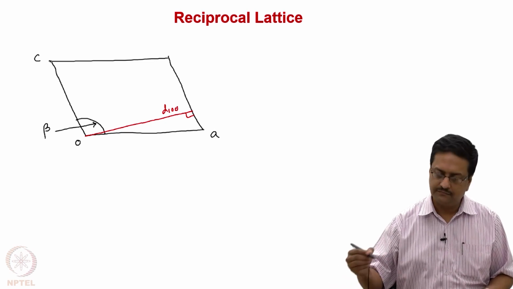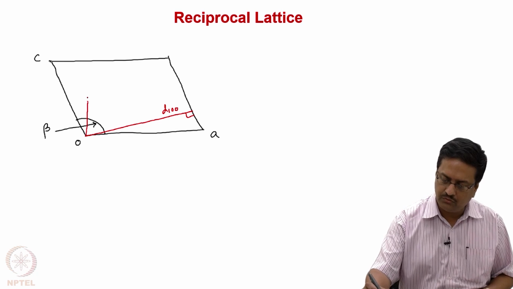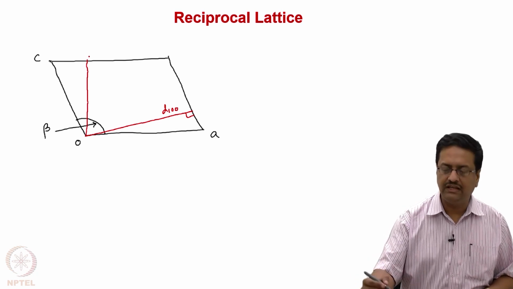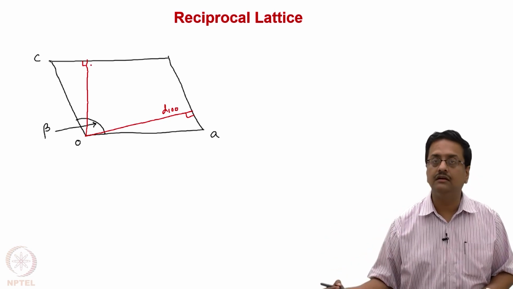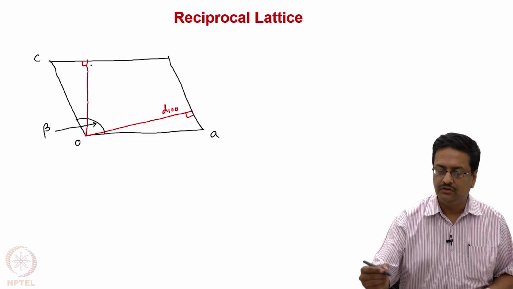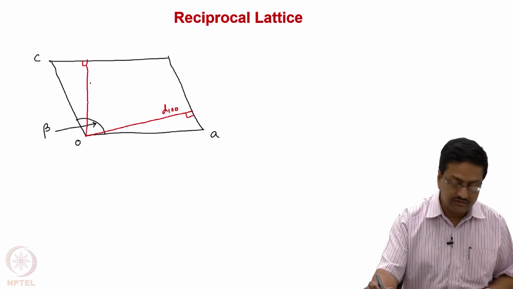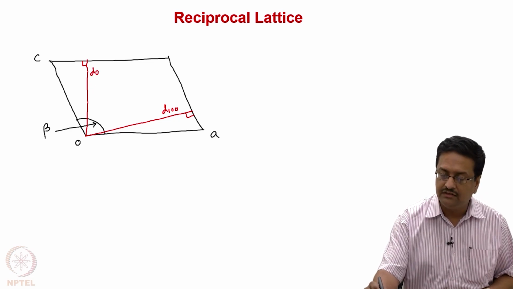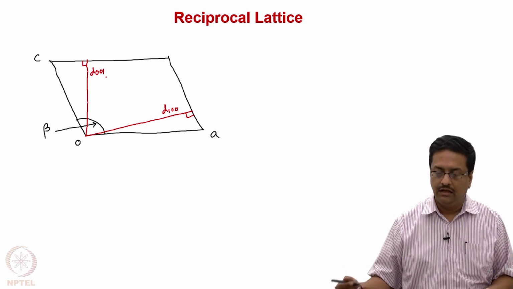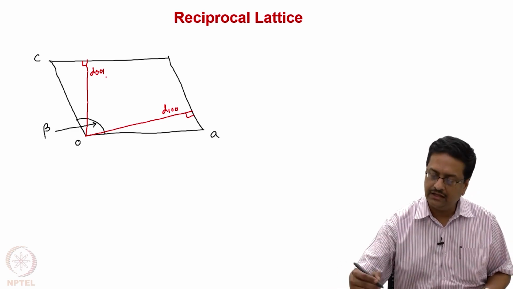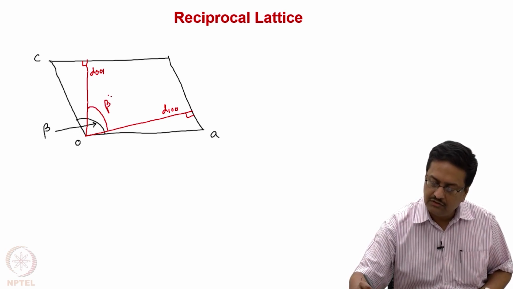In the same manner, if we construct the perpendicular from origin O to the plane parallel to the A axis, the distance is D001, and then the angle between the two normals is my beta star.